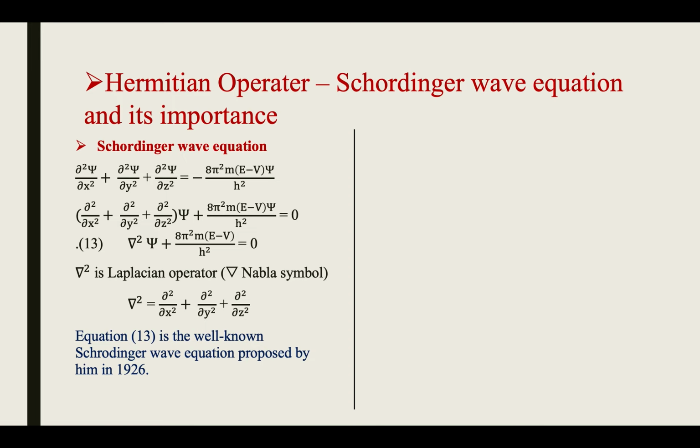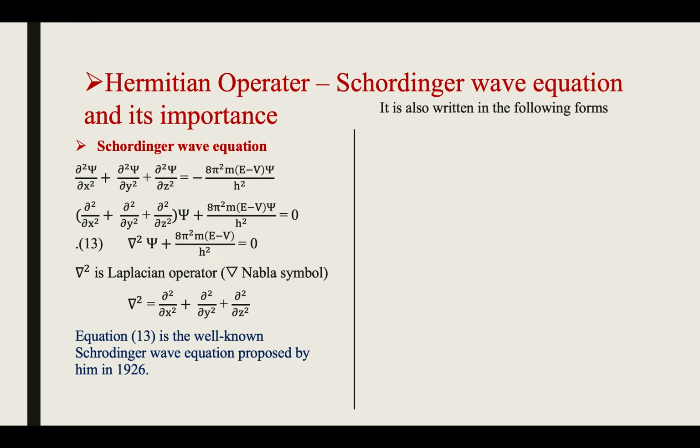We also call it the nabla symbol. This is a double differential operator: del square by del x square plus del square by del y square plus del square by del z square. This we call the Laplacian operator. So equation 13 is the well-known Schrodinger wave equation proposed by him.